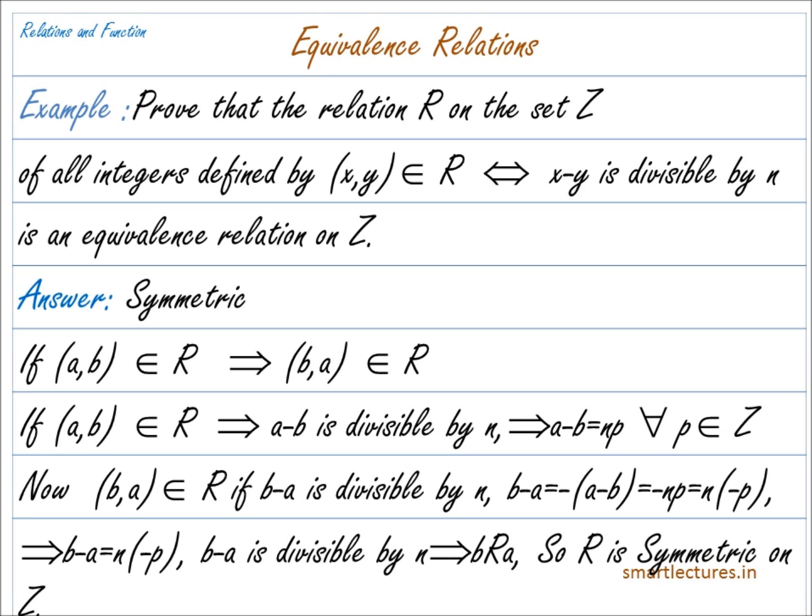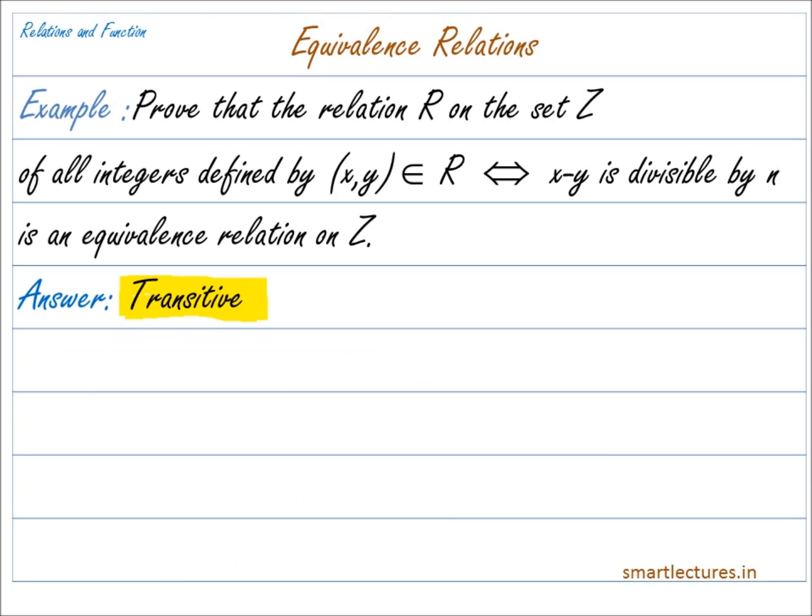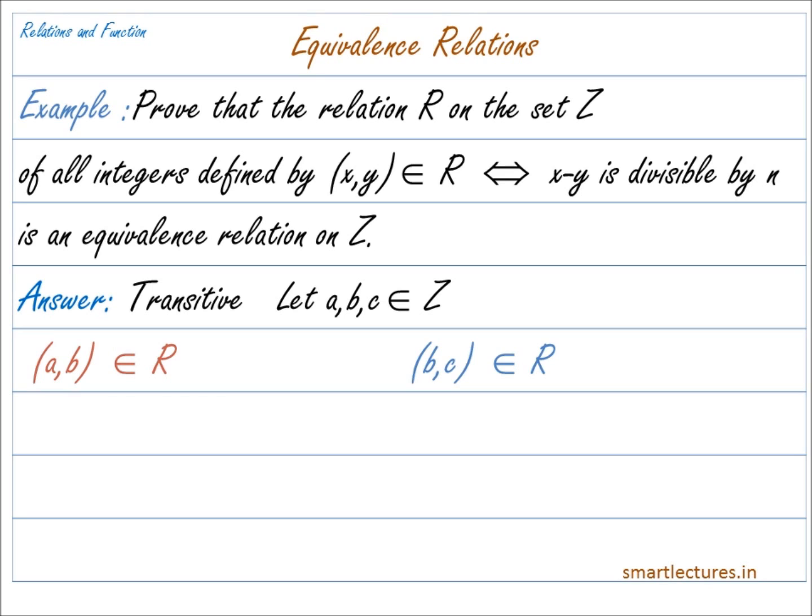Let's check whether this relation is also transitive or not. Now let A, B, C belong to Z, and suppose AB belongs to R and BC belongs to R. Now if AB belongs to R, that means A minus B is divisible by N, or we can say A minus B is equal to N into P, where P is an integer.